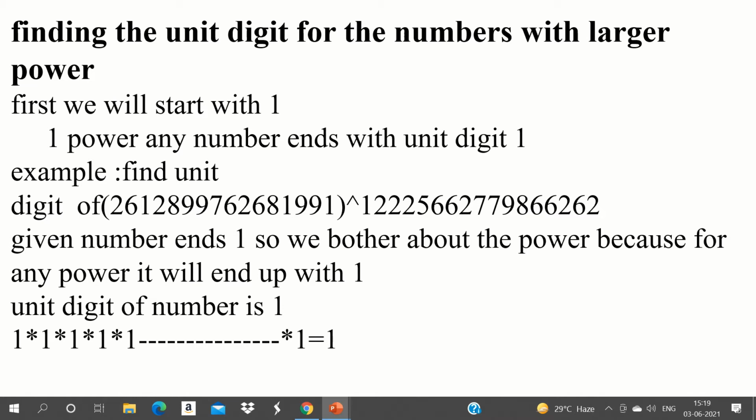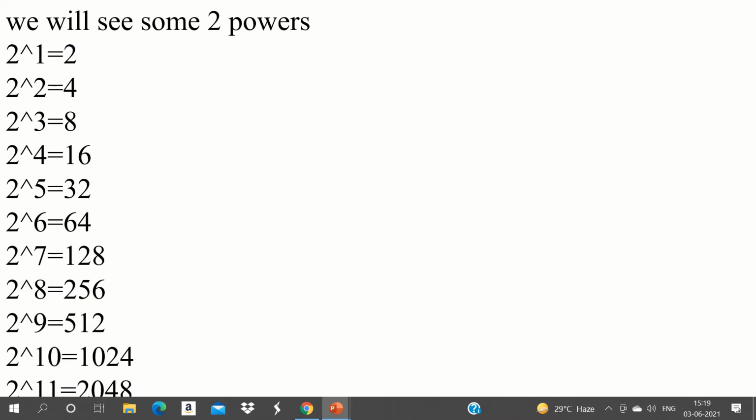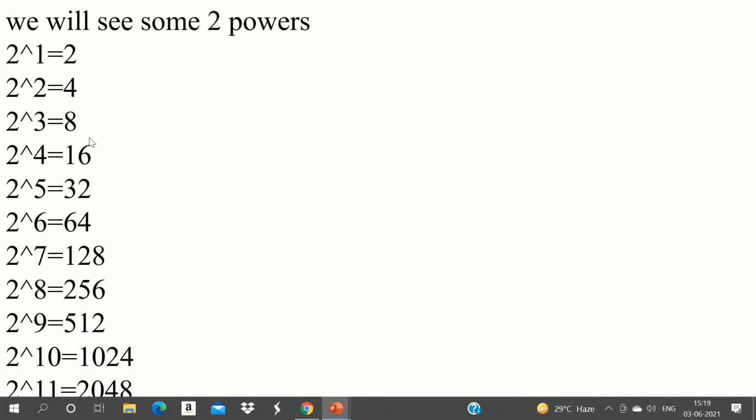If you see the powers of 2, you will see a pattern: 2 4 8 6, 2 4 8 6.